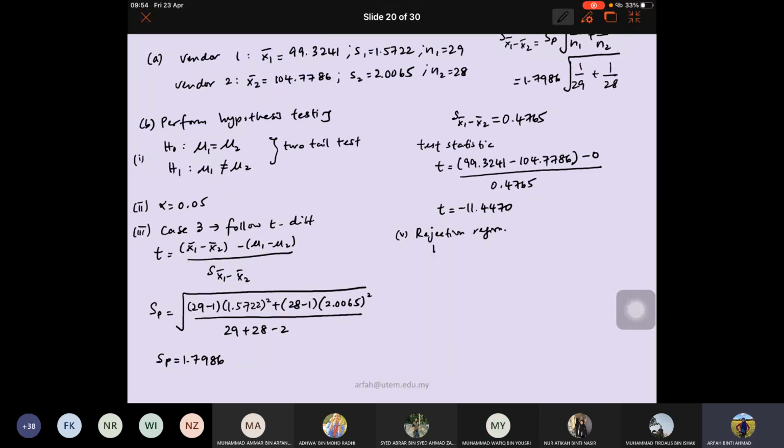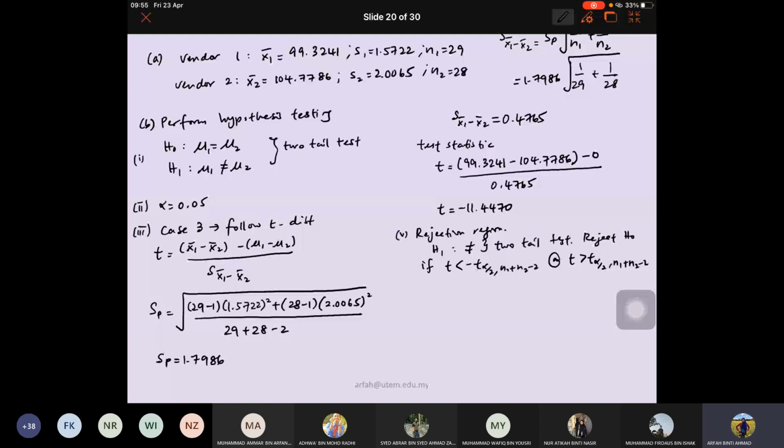Okay. Since your H1 has a not-equal sign, this is a two-tail test. Okay. So we will reject H null if T is less than negative T alpha over 2, N1 plus N2 minus 2, or T is greater than T alpha over 2, N1 plus N2 minus 2.